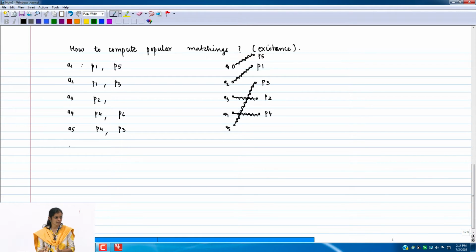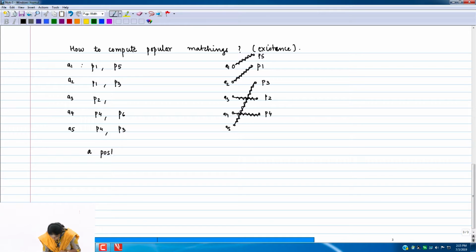That is, initially as many as possible should get matched to their top choice. Is this true? Should every post which is ranked as a top choice post be matched, or can some popular matching leave it unmatched? So we will call a post P an F post.